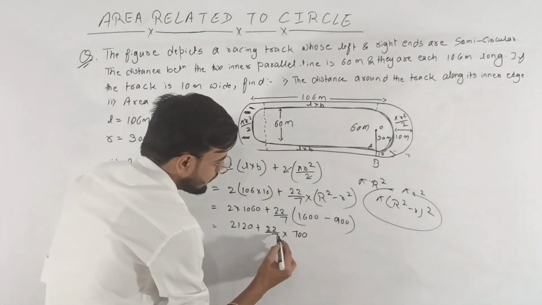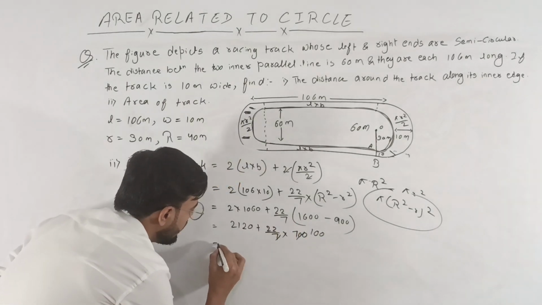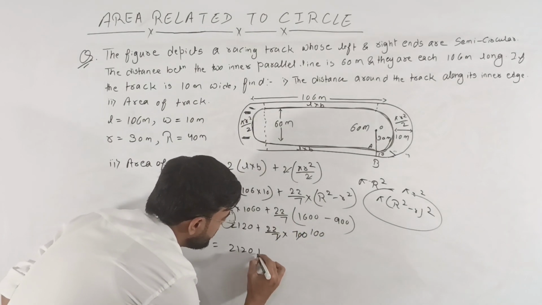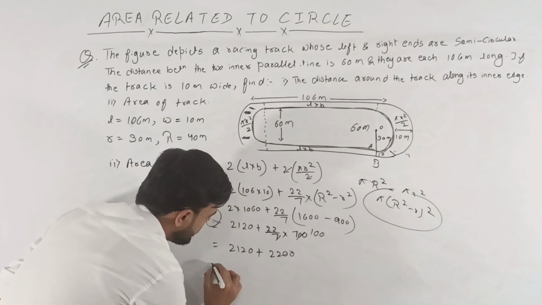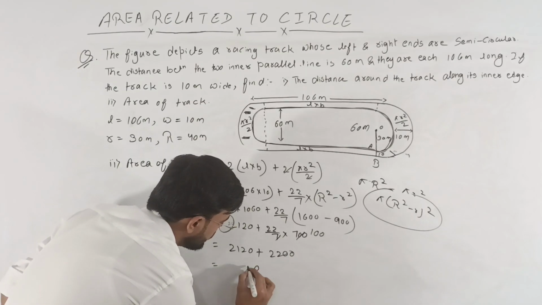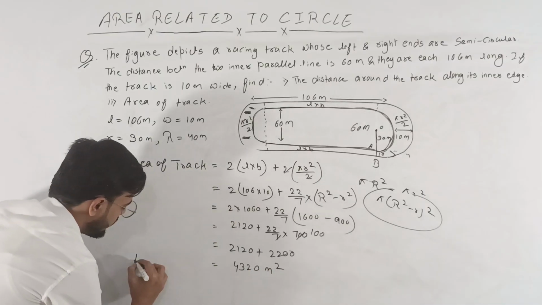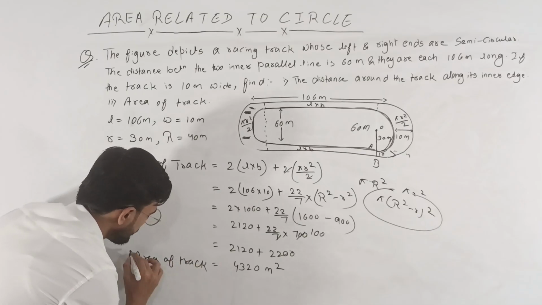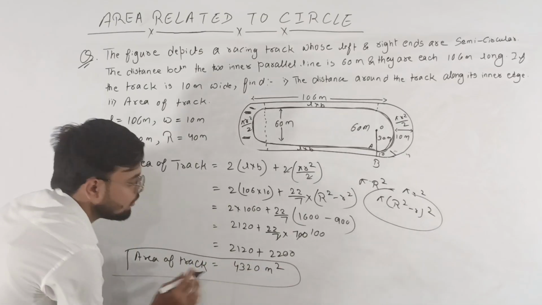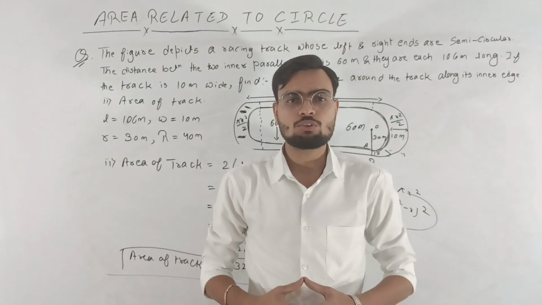This is 700. Now this is cancelled out by 100. So from here we have 2120 plus 2200, which equals 4320. This is the area of the track: 4320 meter square. Now our chapter, area related to circle, is over here.